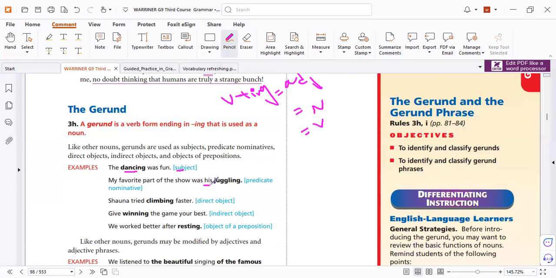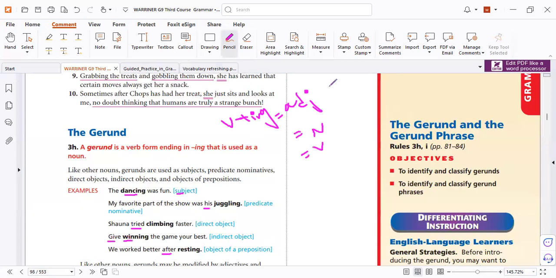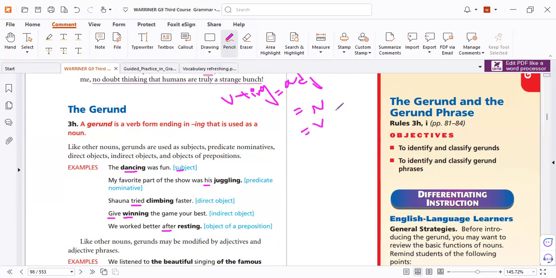Here it's a noun because it's after a possessive pronoun. Here it's a noun because it's after a verb. Here it's a noun after a verb. Here it's a noun because it's after a preposition. But it could be an adjective if it modifies a noun, followed by a noun. That's it. So what is a gerund? A noun. It works like a noun.